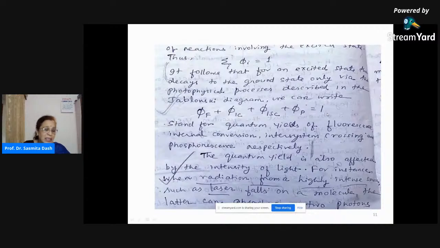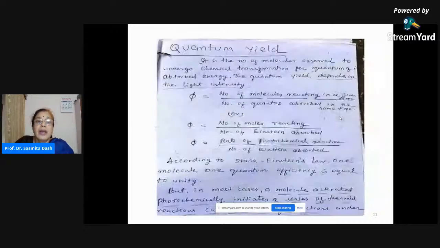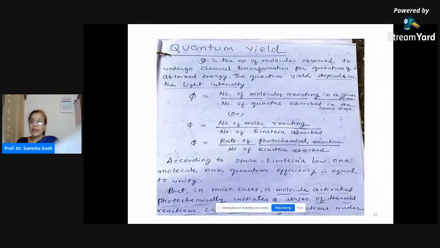The quantum yield is also affected by the intensity of light. For instance, when radiation from a highly intense source such as a laser falls on the molecule, the latter can absorb even 2 photons instead of 1 simultaneously. Now we will come to the discussion of quantum yield.